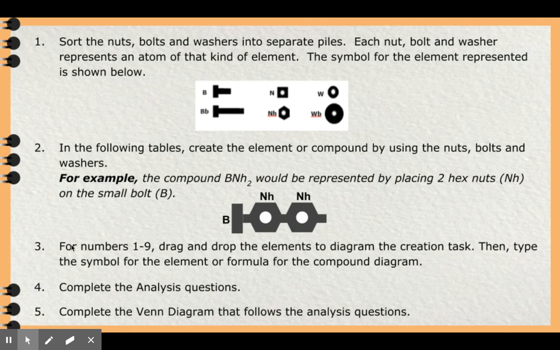Number 3, for numbers 1 through 9, drag and drop the elements into diagrams that create the task. Then type the symbol for the element or formula into the compound diagram. Number 4, complete analysis questions. And number 5, complete the Venn diagram that follows.